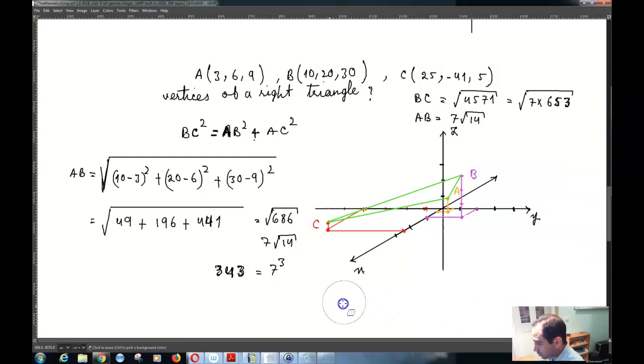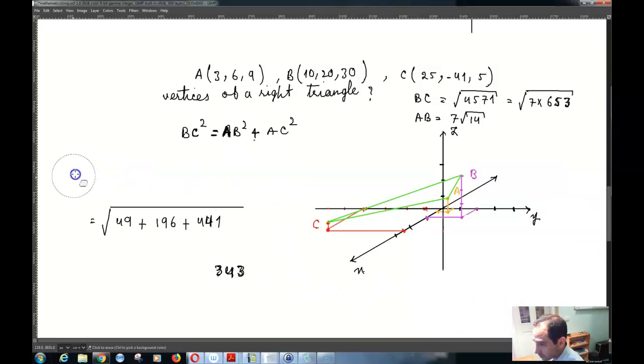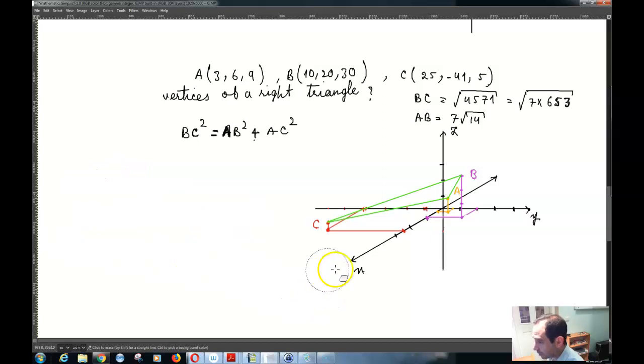Now the next one over here that we have is the distance AC. So AC is equal to the square root of, for these 2 points, x2 minus x1, 25 minus 3 whole squared, plus negative 41 minus negative 6 whole squared, plus 5 minus 9 whole squared.